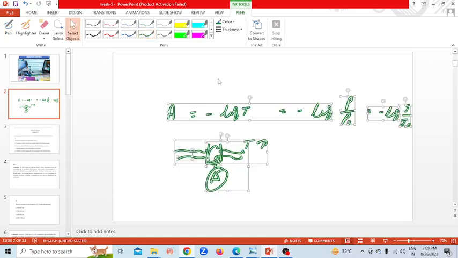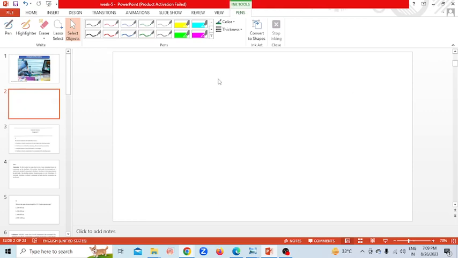Now we will discuss a general view of how a spectrometer works.